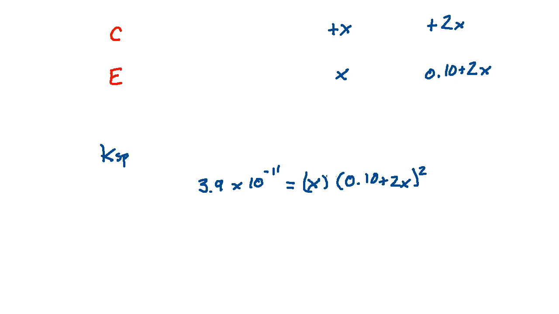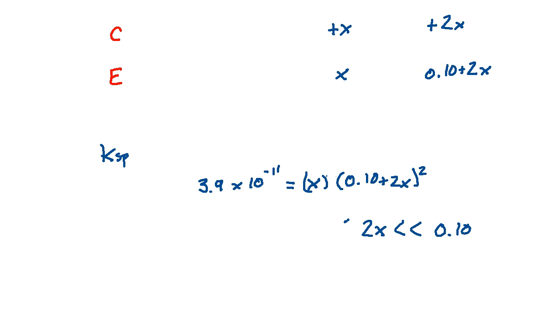So in order to avoid the quadratic formula, we are going to assume that 2x is going to be far less than 0.10. In other words, we're going to assume that 2x is a very, very small number.